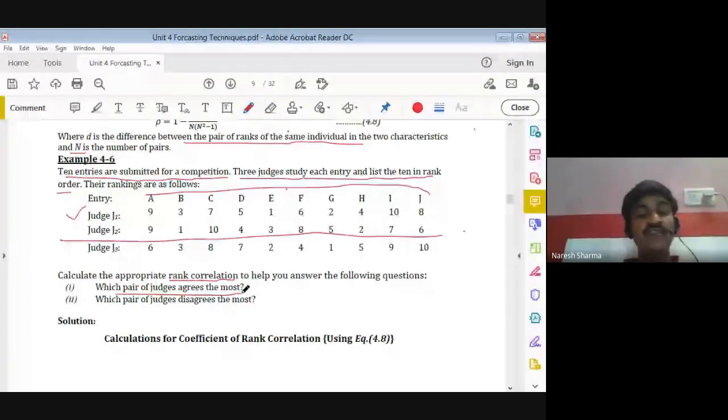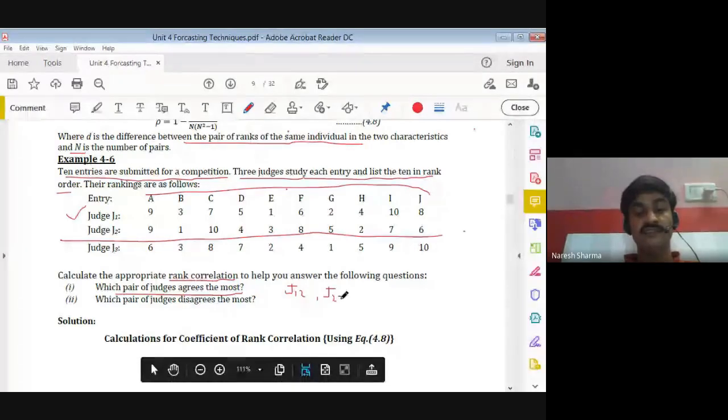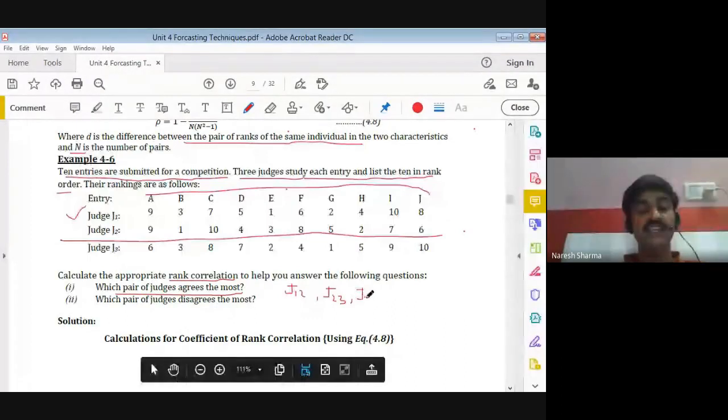For that, we need the correlation between judge 1 and 2, between judge 2 and 3, and between judge 3 and 1. So we need to calculate 3 correlations.